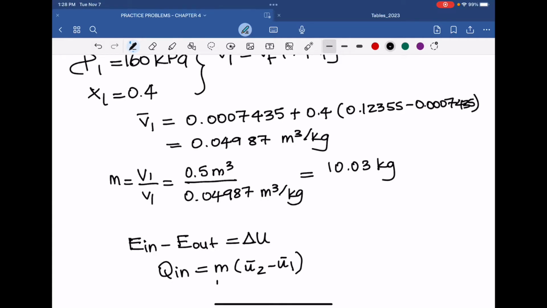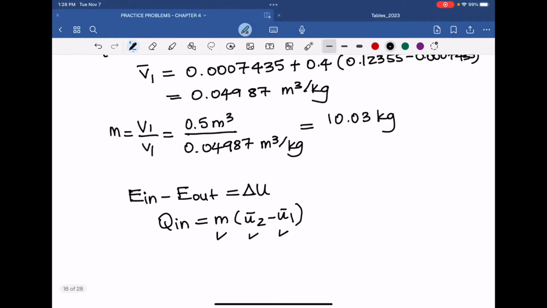Therefore, we need to know the mass and internal energies, specific internal energies. We know the mass now, but we need to calculate also for the first state what is U1, and we can do that from quality.